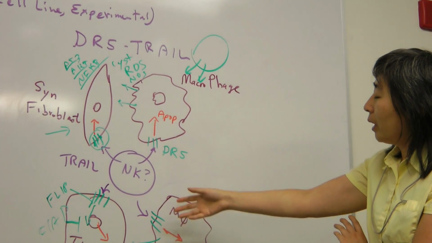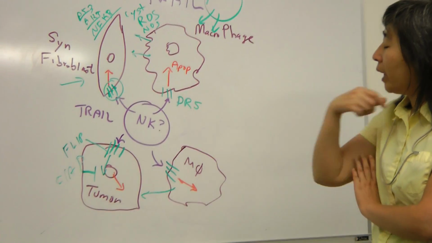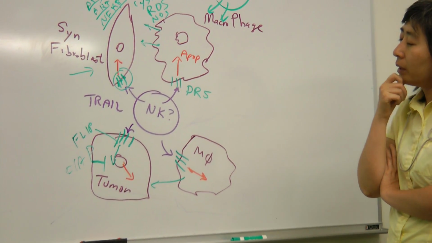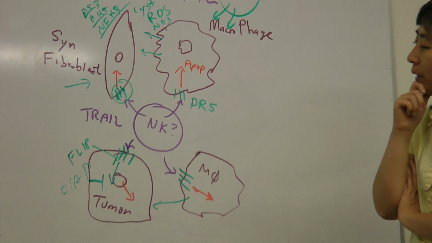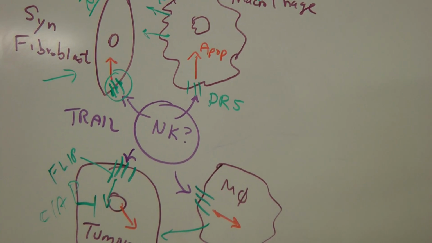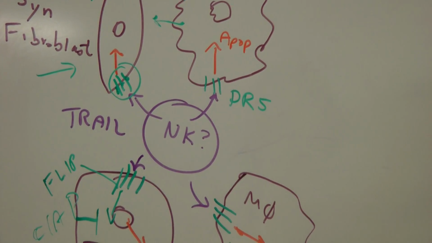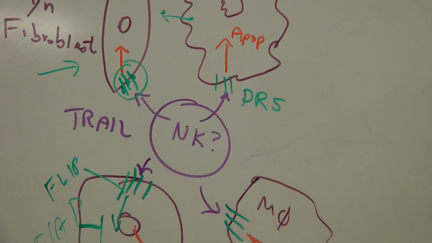But there's another question: why are NK cells not doing their job in the RA synovium? Are there NK cells there or not, and if there are, are they producing TRAIL?